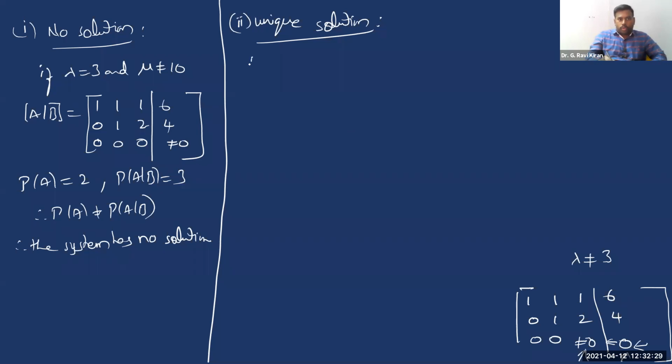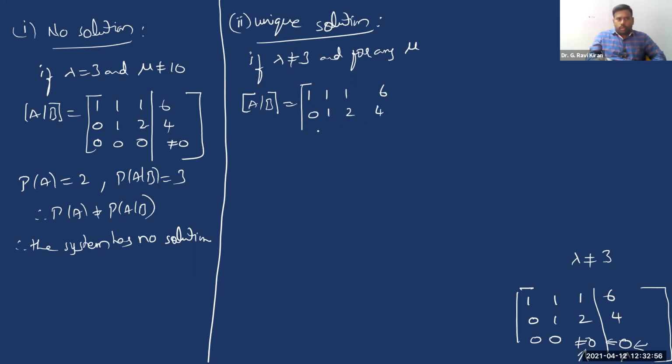So I'm just taking that next condition here. To get a unique solution, if you take lambda not equal to 3, and for any mu, mu may be equal to 10 or not equal to 10, I don't mind, we'll get this augmented matrix. This is 1 1 1 6. Next, second row 0 1 2 4, and third row you have 2 zeros.